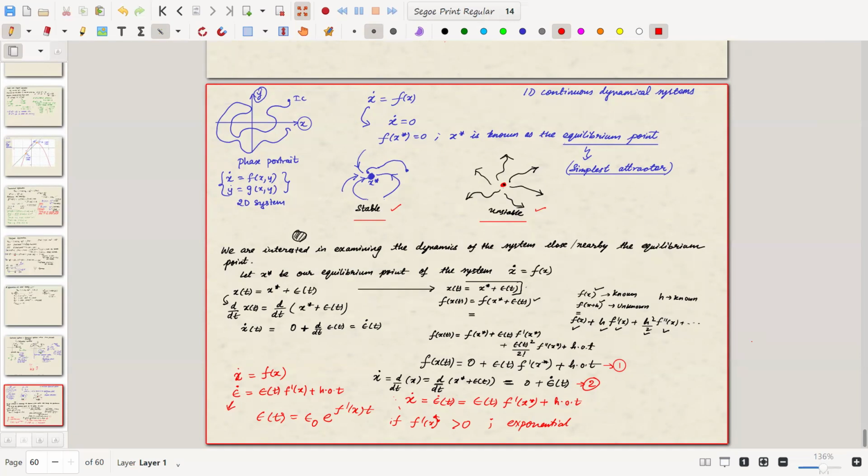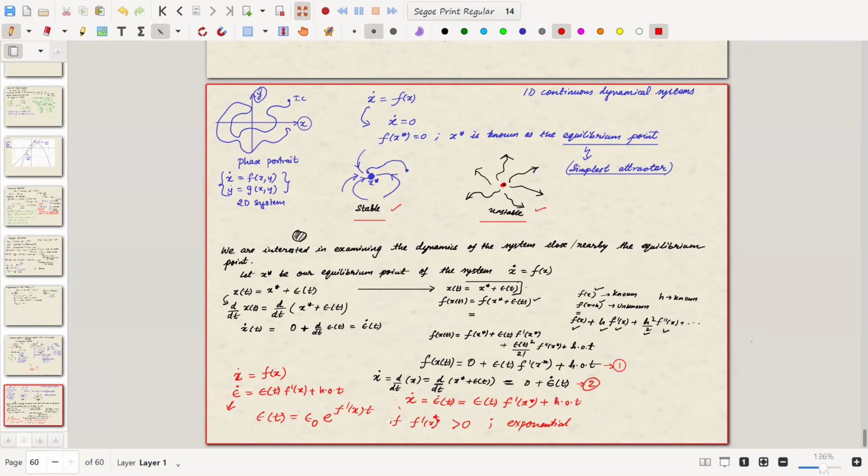Can you make an understanding now? Here you can also use f prime of x for your stability. If f prime of x is greater than 0, it is unstable because it is exponentially blowing up.